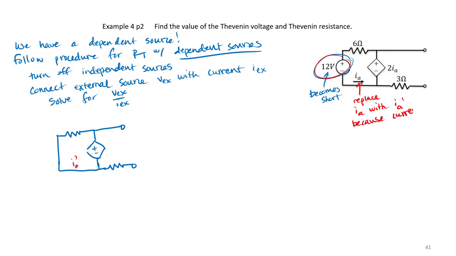So remember, the current will be different with the 12-volt source turned off. So I put the prime there mainly to avoid confusing myself. Even though we had determined IA in the previous part of the question, it's not going to be the same as this IA.